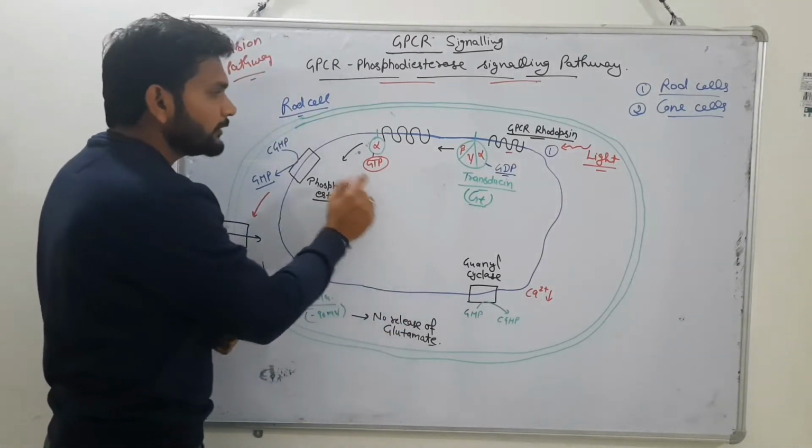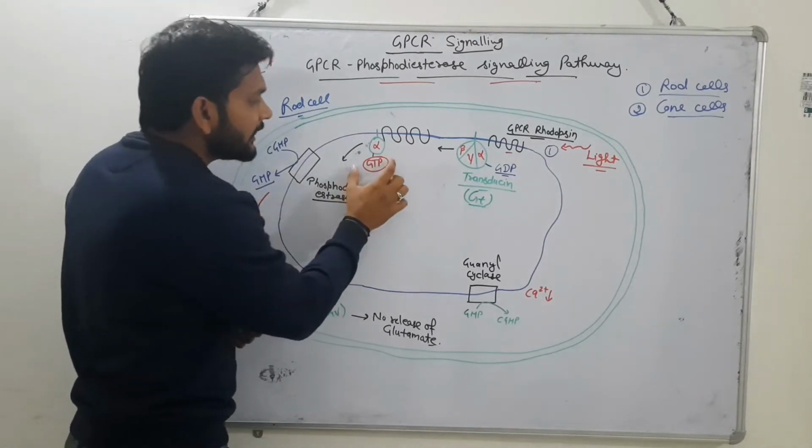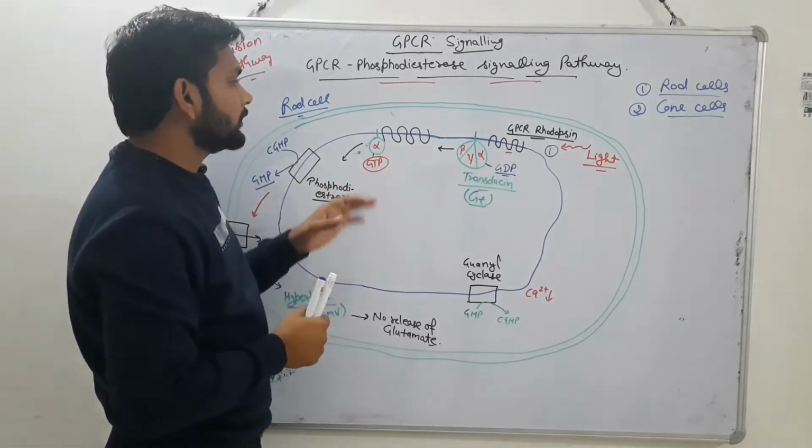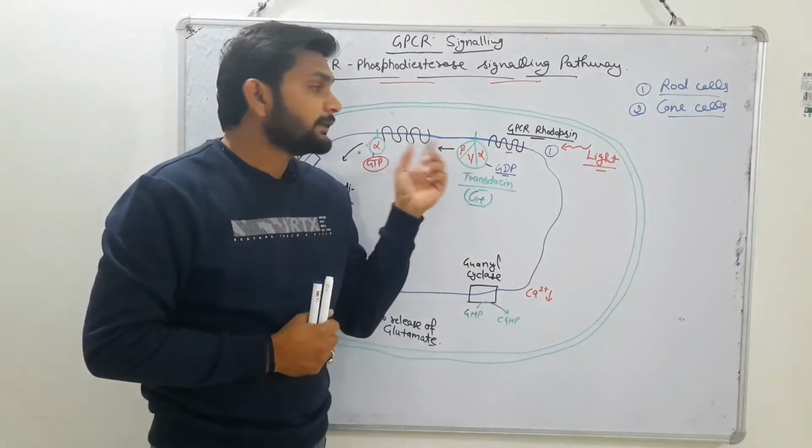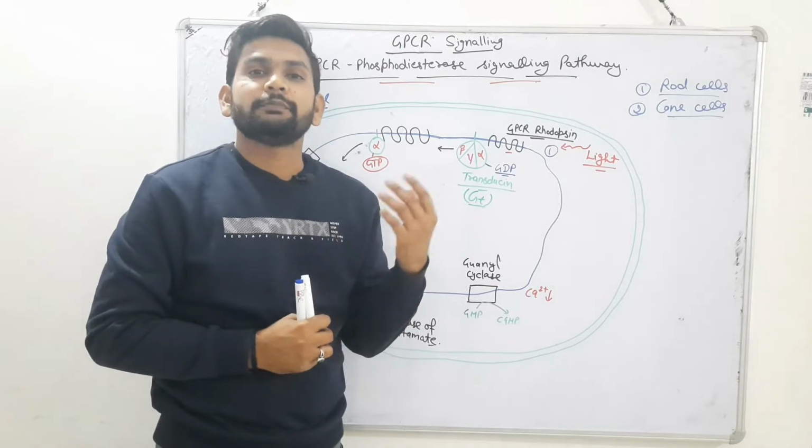After the binding of GTP, GT alpha gets separated from GT gamma and GT beta.